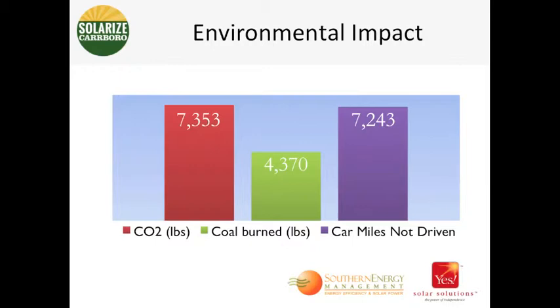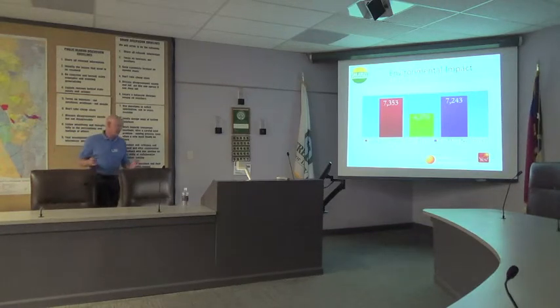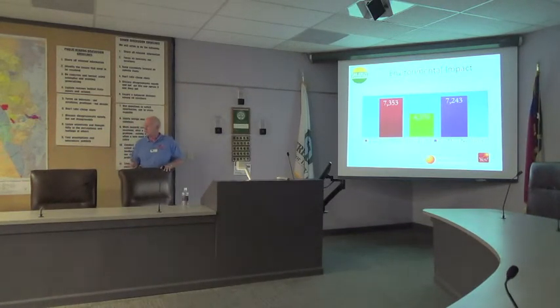It's significant. And if you want to represent that in something we do every day, driving a car, that's like taking about 7,300 miles off the roads every day. That's how much CO2 you're mitigating. So it's a significant statement that you're making with your solar system. It's a significant benefit, and that's why if we can get more and more people investing in solar, we truly can make an impact.